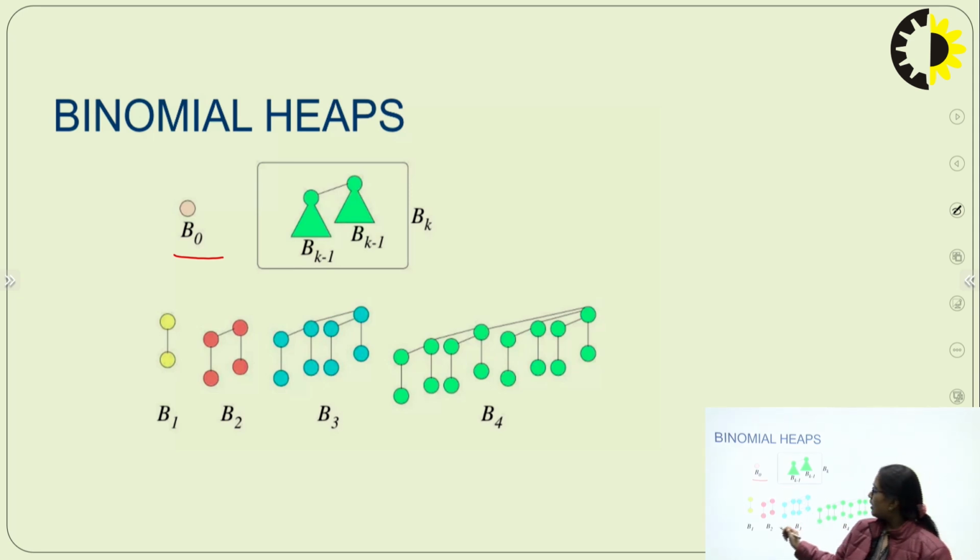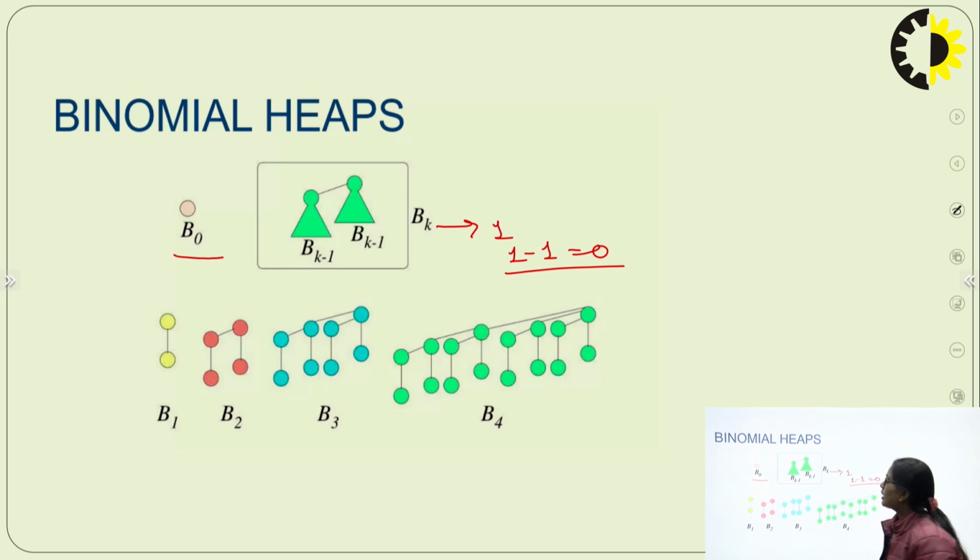Suppose we are making B1, the value of k is 1, so Bk minus 1 is 1 minus 1, which is 0.